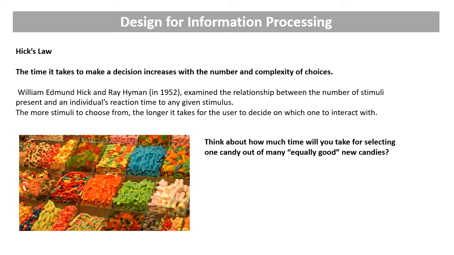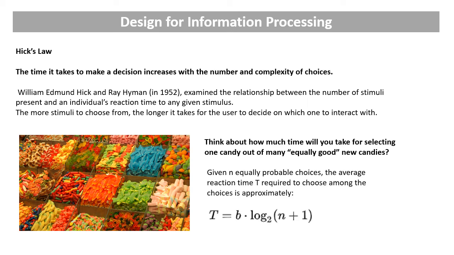Suppose I tell you that you have to pick only one candy out of the several candies displayed there. Think about how much time you will take for selecting one candy out of such equally good looking new candies. Obviously if the variety is more, the time taken by you to decide which one to choose will also increase, because it follows an equation.